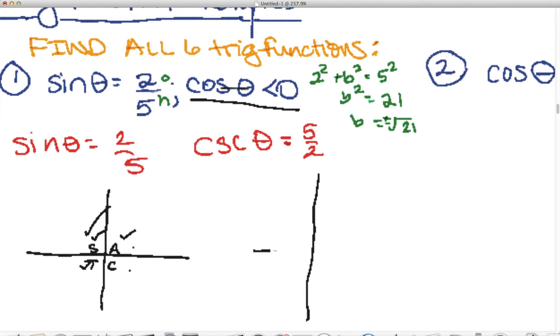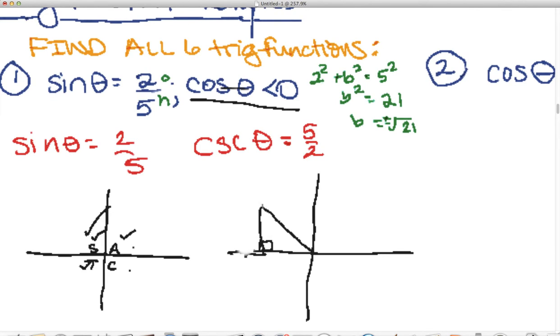So what you do then is you use your triangle in the second quadrant. Always connect with the x-axis, never the y. Same thing with the reference angles, right? Sorry about that. It's supposed to be perpendicular, right? So that we can form a right triangle and use your right triangle geometry.